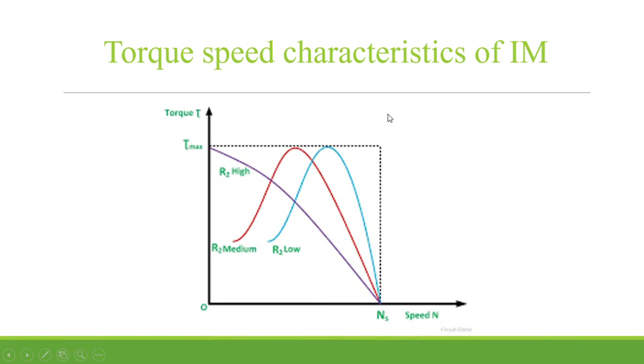Now coming to the torque speed characteristics of the induction motor. How are speed and slip related? If slip is 1, then the speed of the rotor is 0.